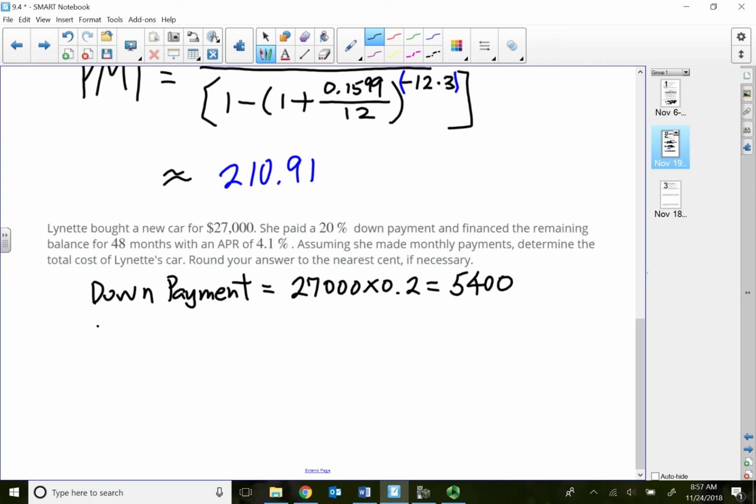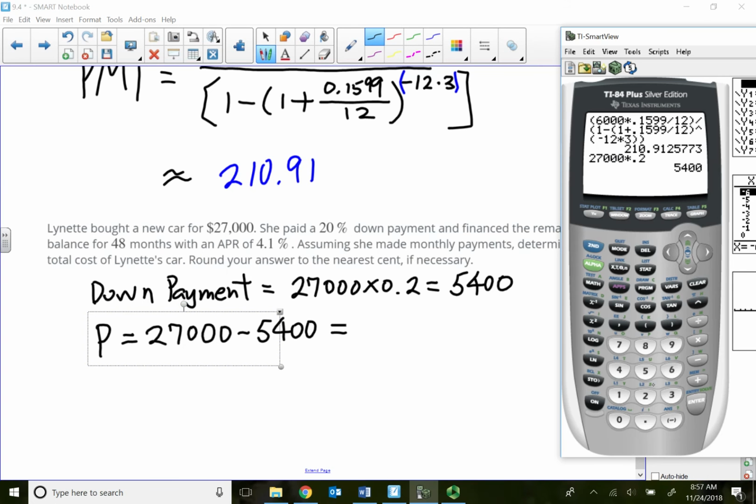So her P, which is what she will finance, will be 27,000 minus 5,400. That will tell me what she will finance. Subtract 5,400, which is 21,600.